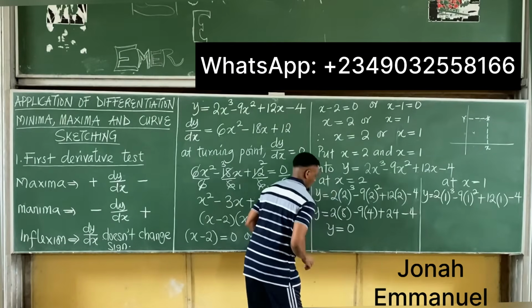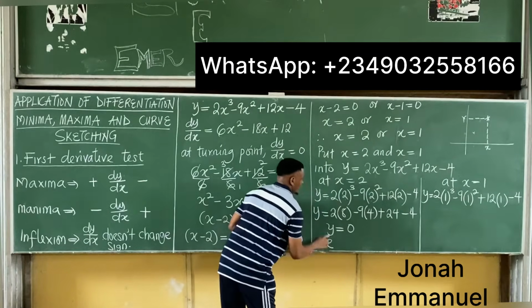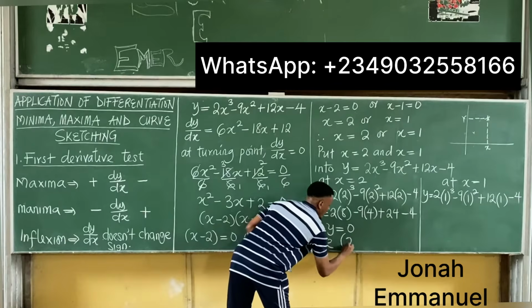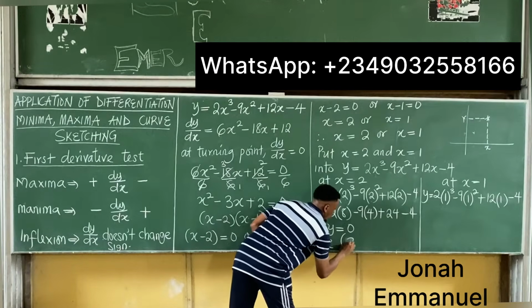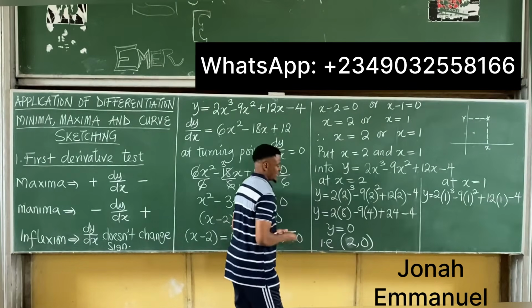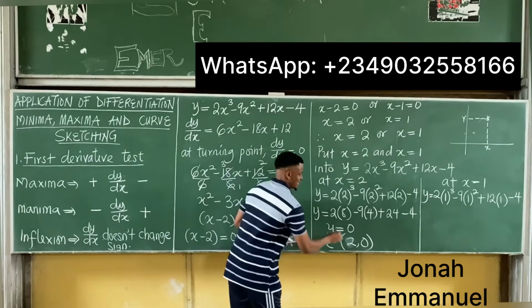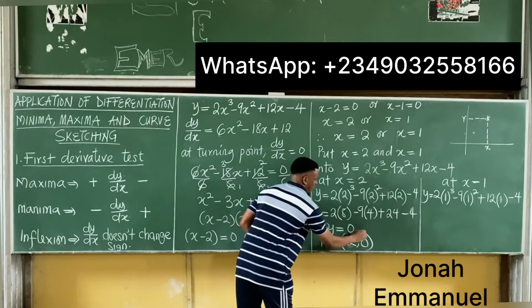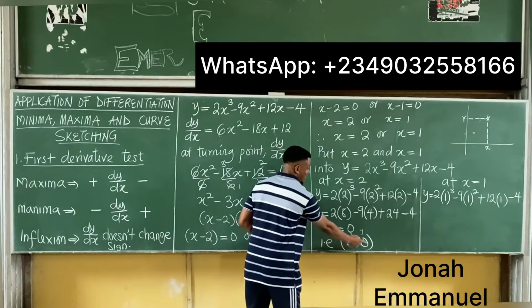So y is 0. This means that for this point here, when x is 2, y is 0. Don't forget, when it comes to coordinates, we write the x coordinate before the y. So when x is 2, y is 0.